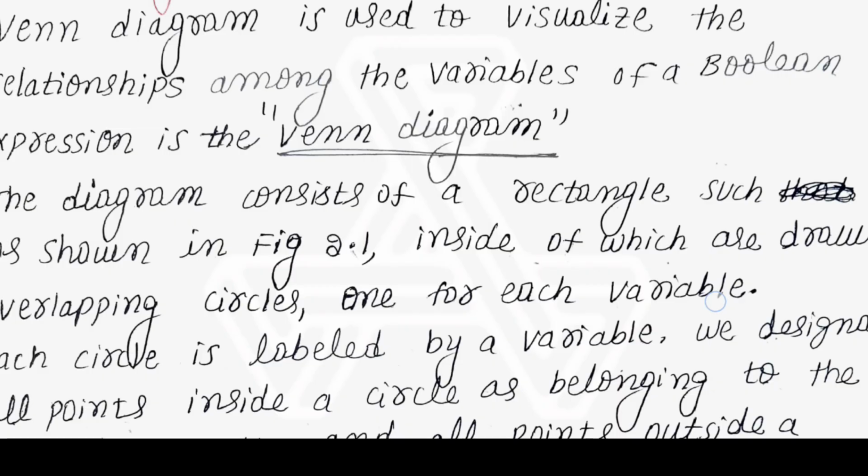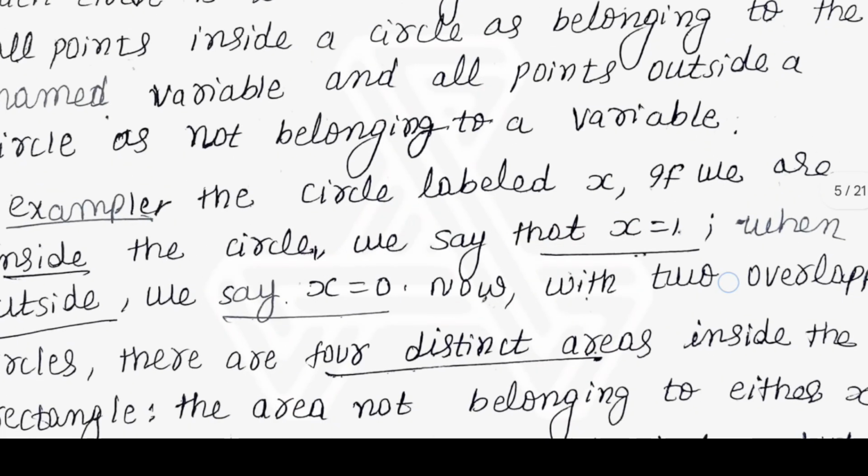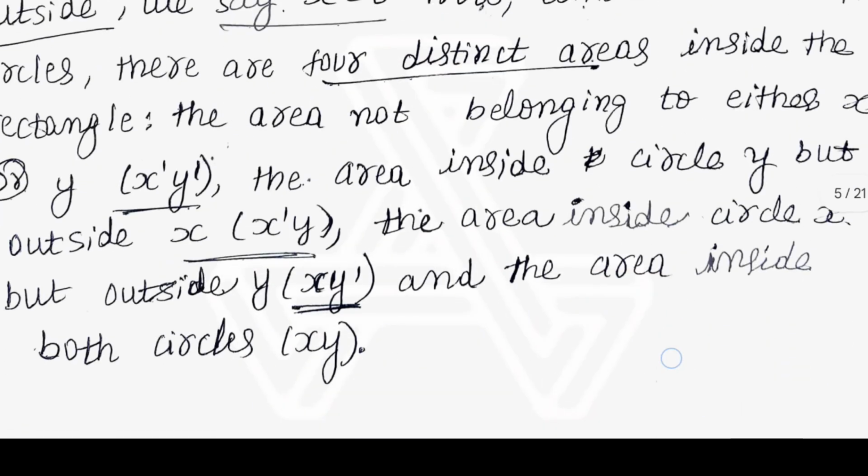We designate all points inside a circle as belonging to the named variable and all points outside a circle as not belonging to the variable. For example, for the circle labeled x, we draw inside the rectangle the area not belonging to either x or y.